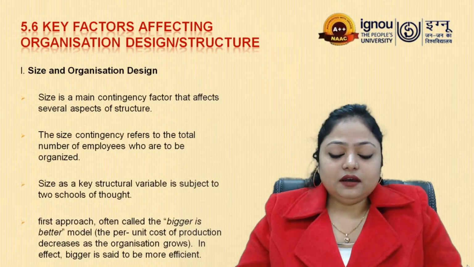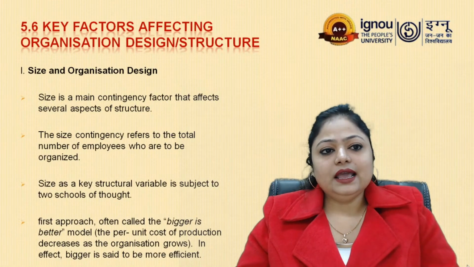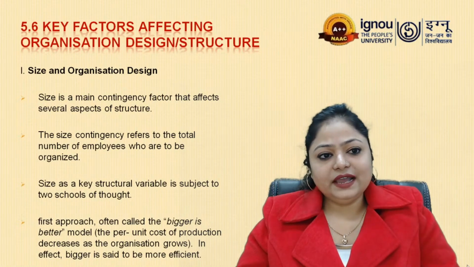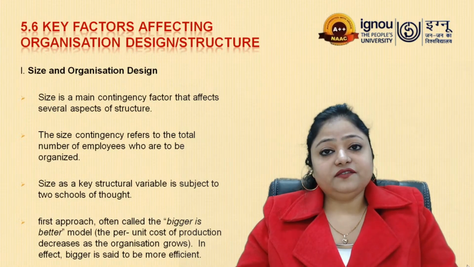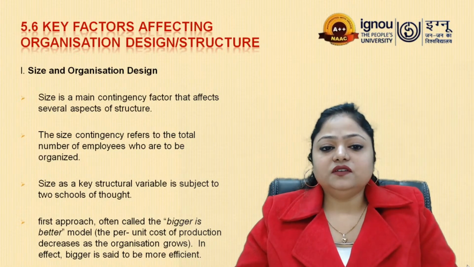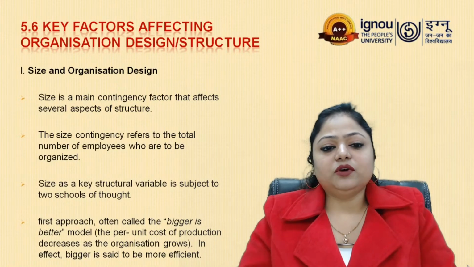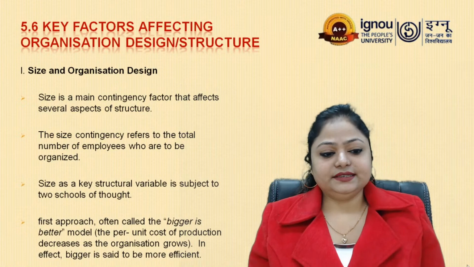So first, let's discuss size and the organizational design as the key factor which affects the overall structure. How size matters. The size is a main contingency factor that affects several aspects of the overall organizational structure. The size contingency refers to the total number of employees who are to be organized in the organization.